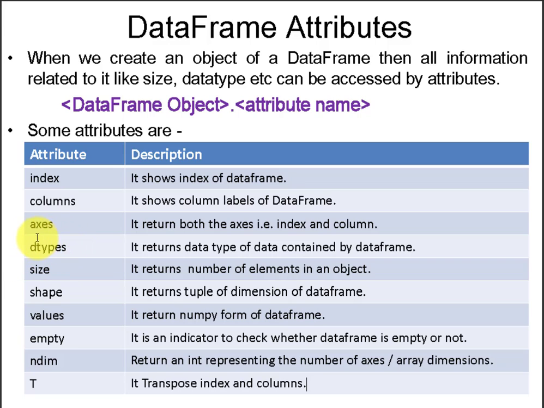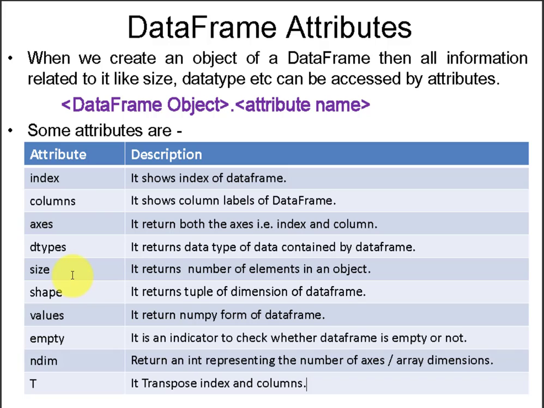If you want to see the data types of your data frame, with the help of this attribute you can check them. So dtypes returns the data type of data contained by the data frame.